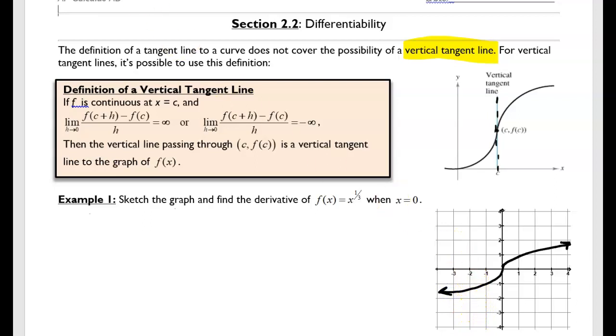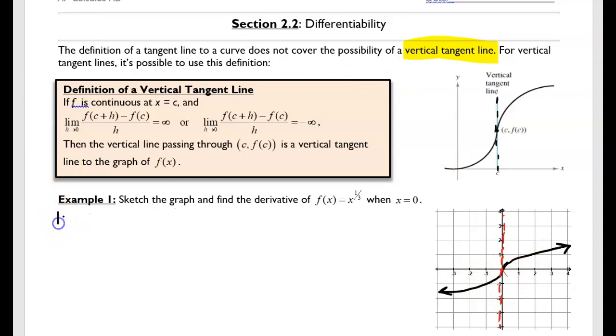You might be able to tell here that it has a vertical tangent line at 0. Part of my graph just disappeared, not sure what happened there, but it looks like that. If you look at it on your calculator, you can see the vertical tangent a little bit more. But let's actually prove it algebraically.